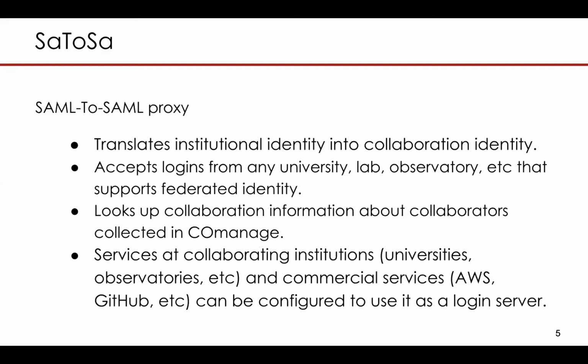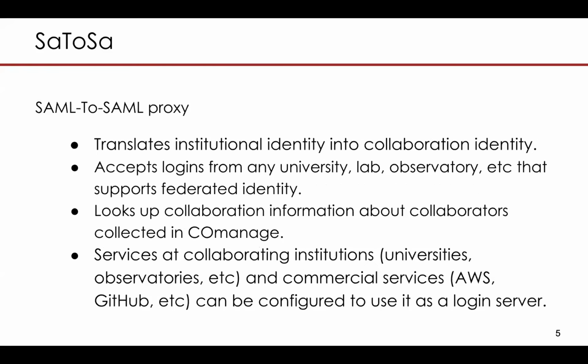The second piece of infrastructure that we're using is called SATOSA, which is short for a SAML to SAML proxy. SAML is the Security Assertion Markup Language, and it's basically a way to send secure authentication information around that's particularly well suited for federated identities.